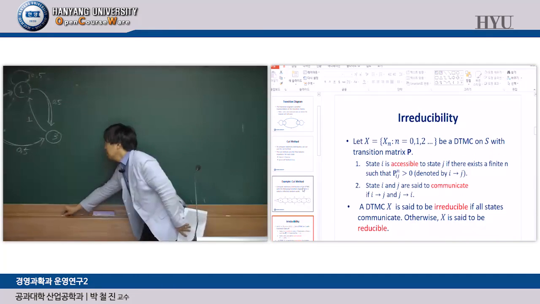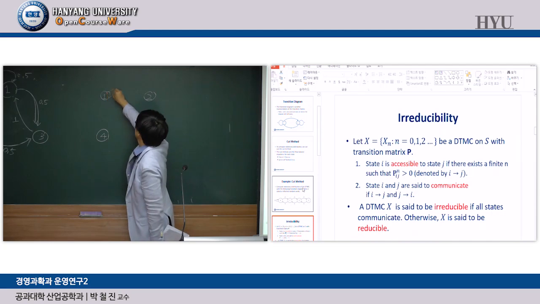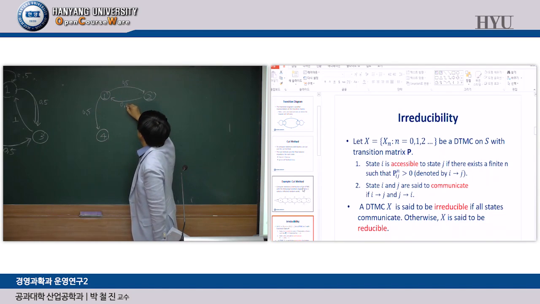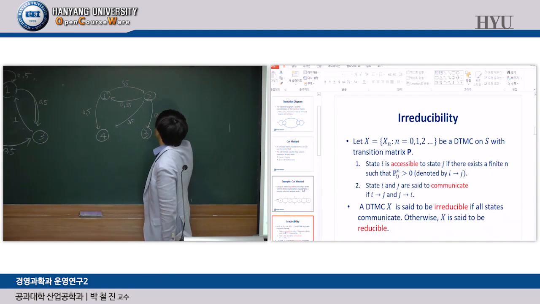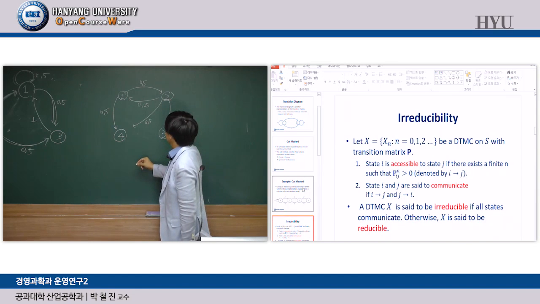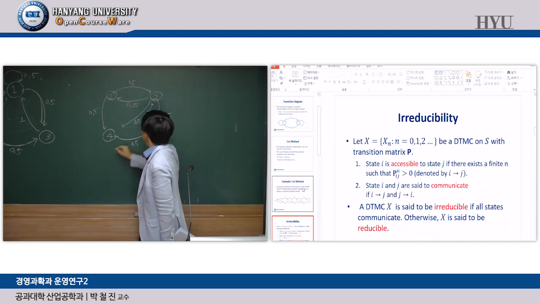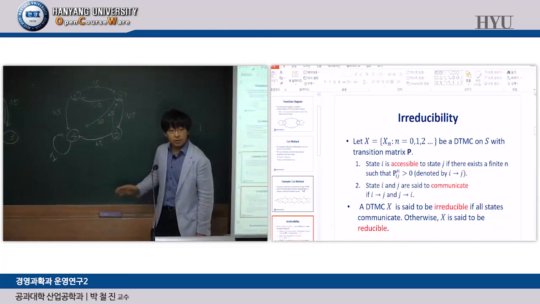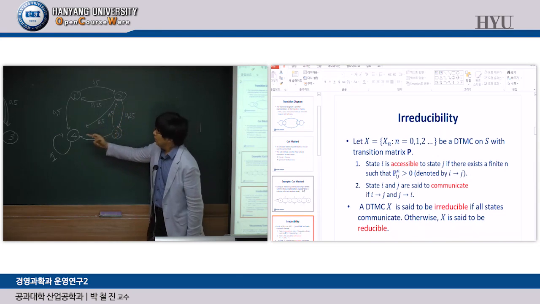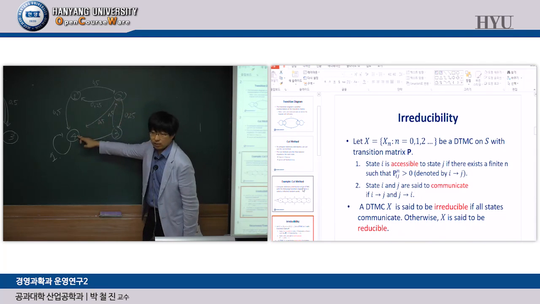How about this case? States 1, 2, 3, 4. In this case, let's think about the direction from 4 to 2, the other way around first. 2 to 4, yes, right?